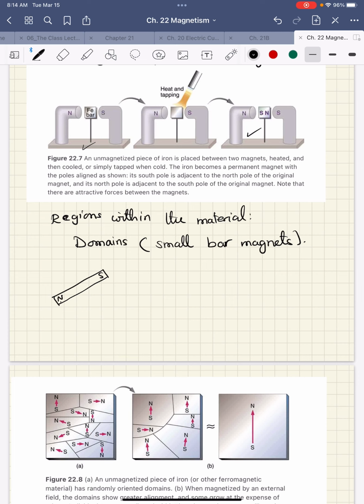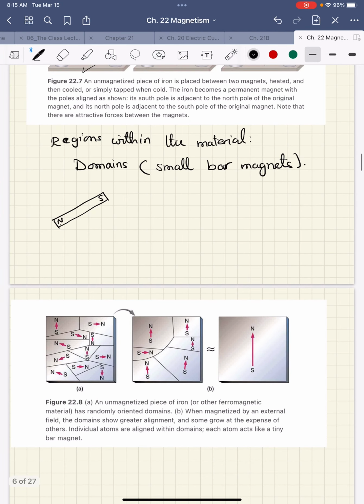If the material here is unmagnetized, then the domains are randomly oriented in all directions. When magnetized by an external field, the domains will start being aligned, as you can see here.